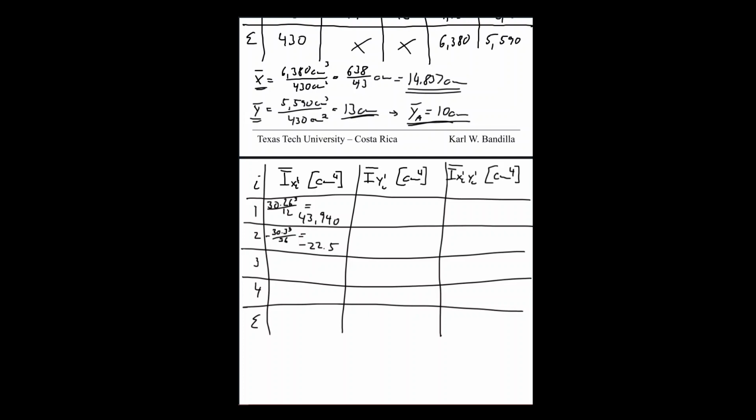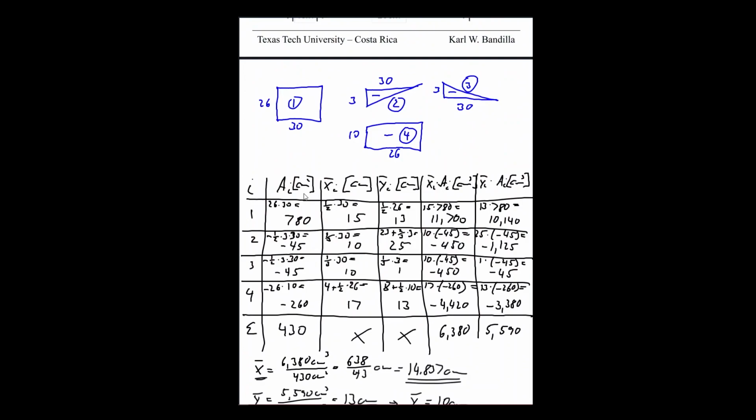For Ix and Iy, it doesn't matter what the triangle looks like. 30 times 3 cubed over 36, minus 22.5, and then we have a rectangle again, and this is 26 by 10. So we have minus 26 times 10 to the 3 divided by 12. Didn't get myself much space there.